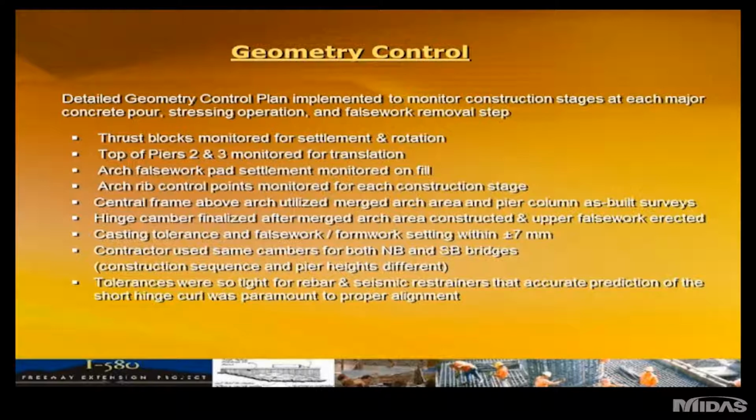The pier heights were different for both bridges. Only a few of the piers were of different heights. Later in the presentation, I'll show you what differences Midas Civil was able to pull out using models for each of the north and southbound bridges rather than just using one model.